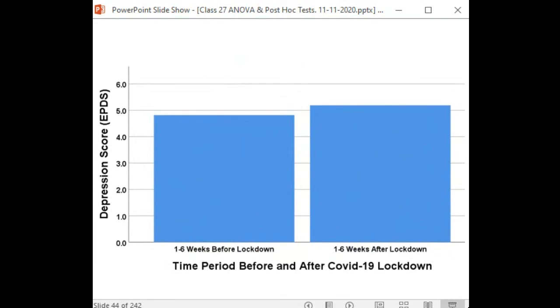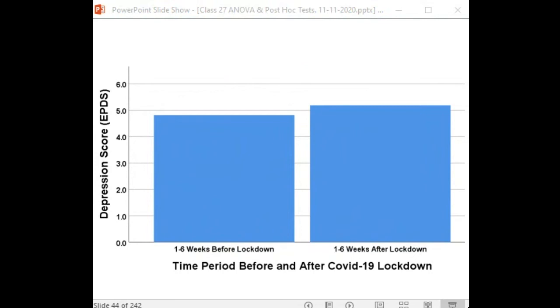We'll use a bar graph. It's based on a real study that looked at how the COVID-19 lockdown affected depression in a group of pregnant women. The height of the bars shows the scores of these pregnant women on a questionnaire measuring depression.